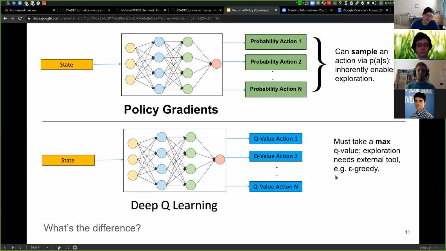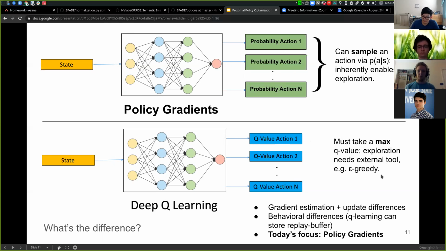Q values, on the other hand, if they want to do exploration, must use some external tool, because the way Q value selects an action is that they just go with the max one, since these values don't actually represent probabilities. So they need some external tool like epsilon greedy.